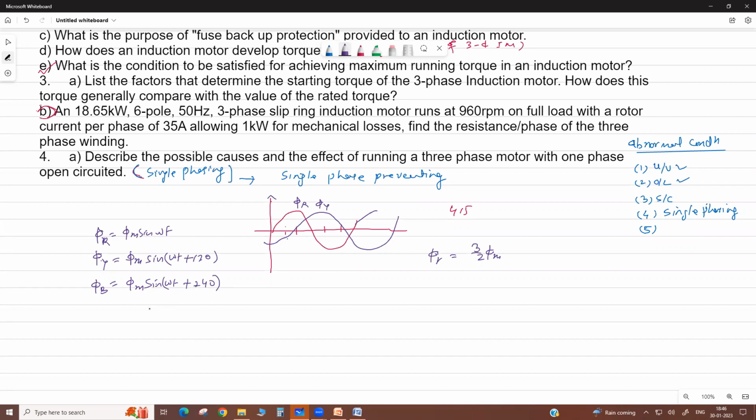Correct? So the resultant of all three in the air gap is this value.